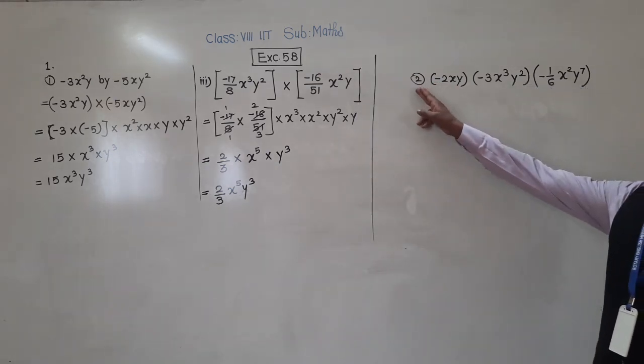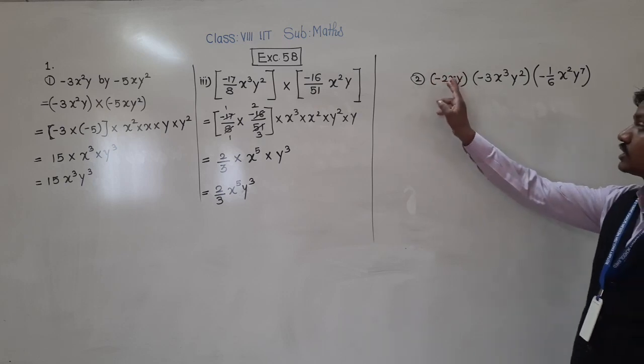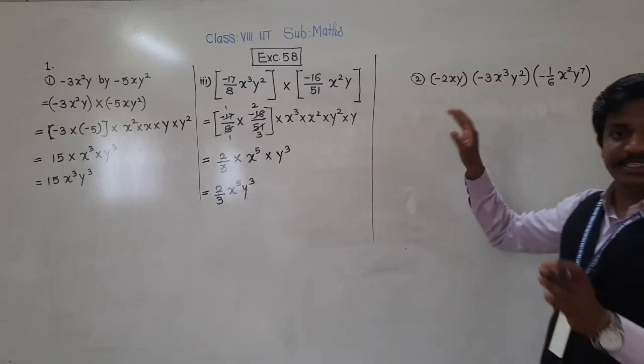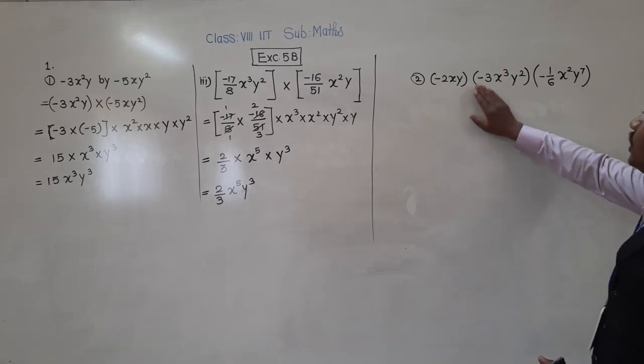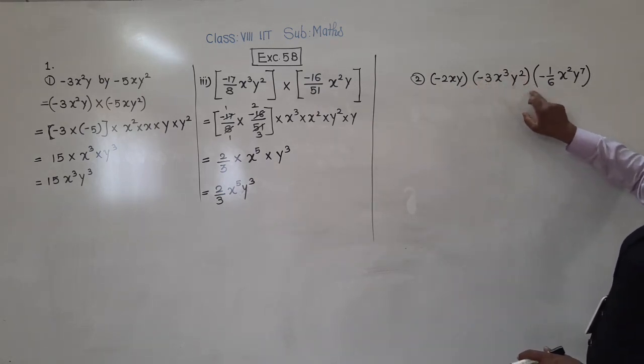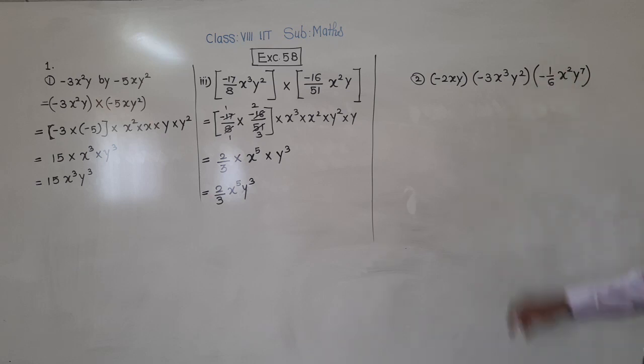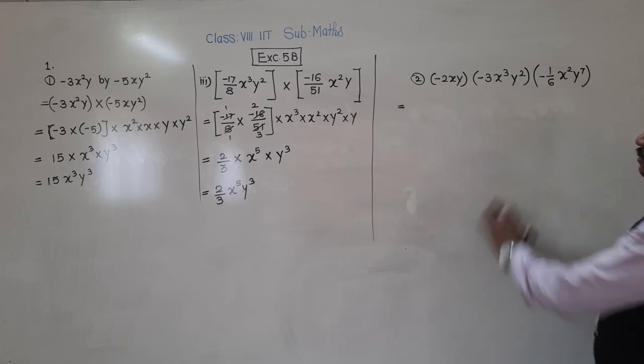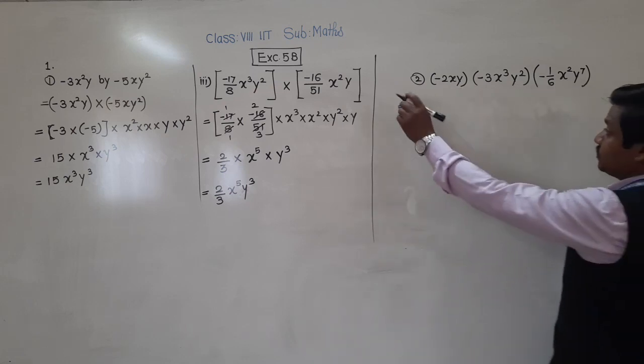Now second question: minus 2xy into, between these two brackets there is no sign, that means there is a multiplication sign, remember this, into minus 3x cube y cube into minus 1 by 6 x square y 7, y raised to 7. Here also same, there are three monomials. Don't worry.